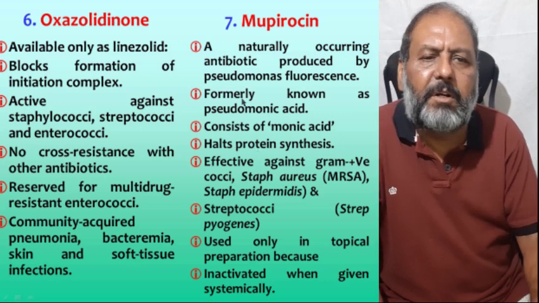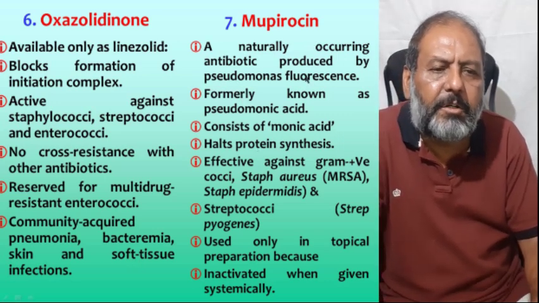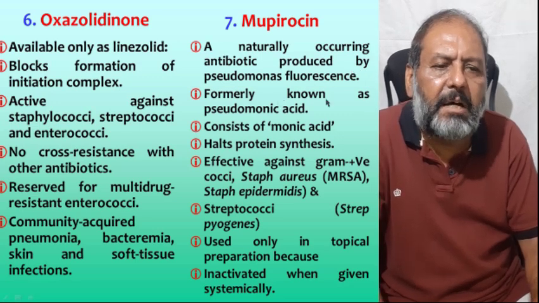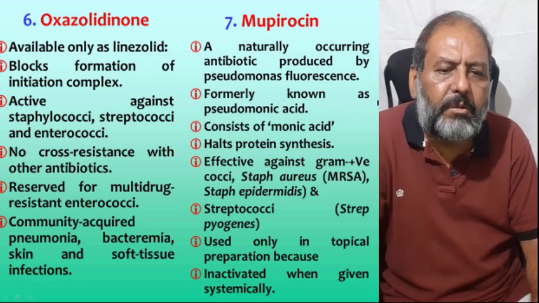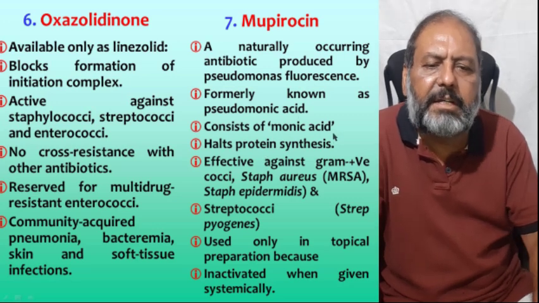The seventh antibiotic is mupirocin. It is a naturally occurring antibiotic produced by Pseudomonas fluorescens, formerly known as pseudomonic acid. It consists of monic acid.